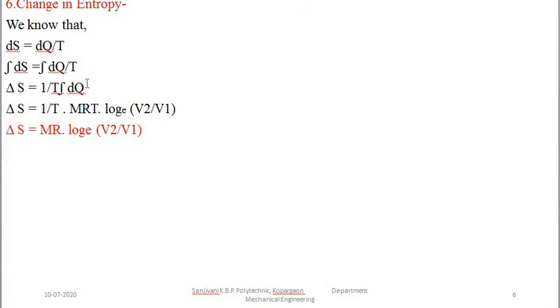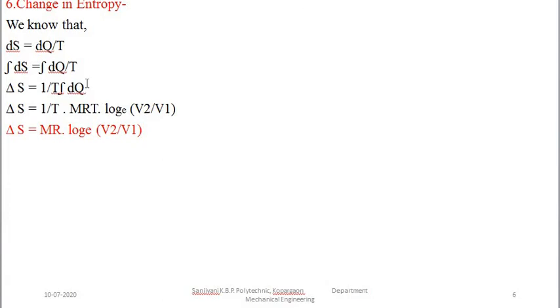Here in this case 1 by T is constant because temperature is remaining constant, so we take 1 by T out of the integration sign. So integration of dq is nothing but the total heat transfer.